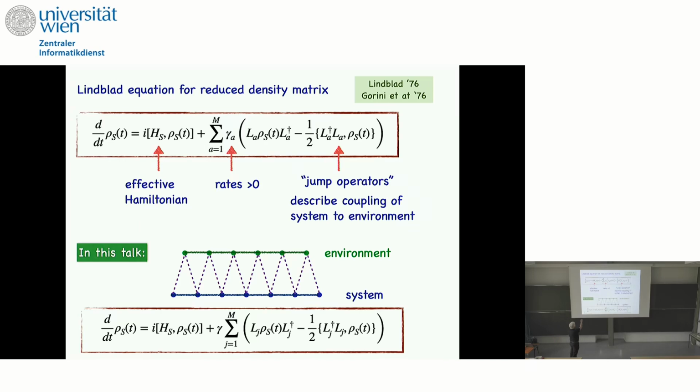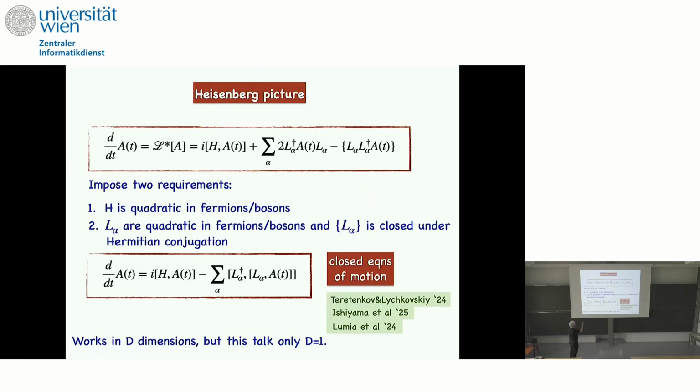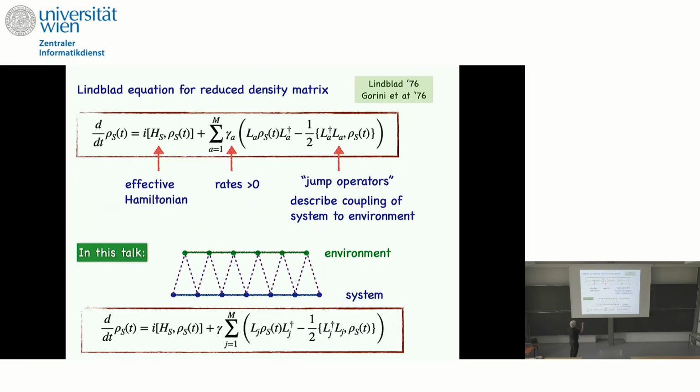The Lindblad equation is an equation for the reduced density matrix of a system that is coupled to an environment. The environment is Markovian, and the time derivative of the reduced density matrix of the system has a Hamiltonian part, which describes unitary dynamics in the system degrees of freedom.